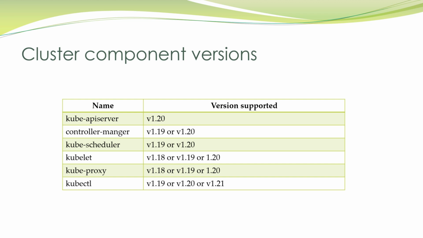Only the kubectl can be one version higher than the Kube API server. So you can install a kubectl which is one minor version higher than the Kube API server version. So it supports 1.19, 1.20 and 1.21.